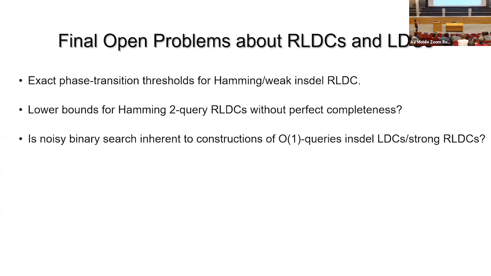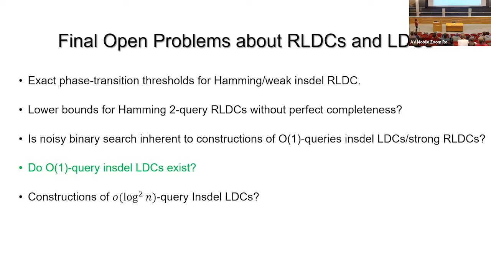Then, the question we've seen: is noisy binary search inherent to the constructions? And if not, which I think is the most interesting question, do constant query LDCs exist? Even below log squared n, maybe one can improve the binary search a little bit, but we don't know if we can get anything.